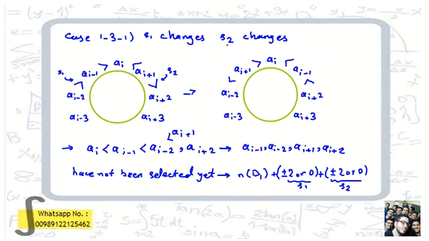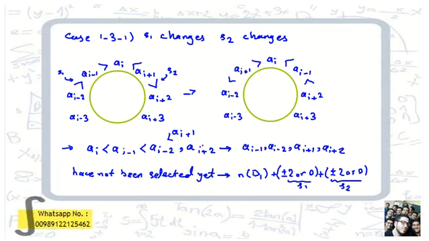The first case, S1 changes and S2 changes. Both of them change. Now, we consider this, greater than would be changed to less than, and less than would change to greater than. And let's consider the order of these numbers. We can say Ai is less than Ai-1, Ai-1 is less than Ai-2, Ai-2 is less than Ai+1, and also Ai-1 is less than Ai+2.